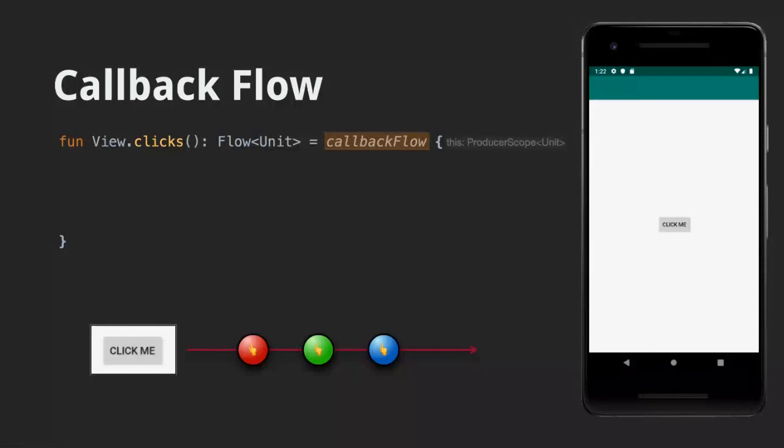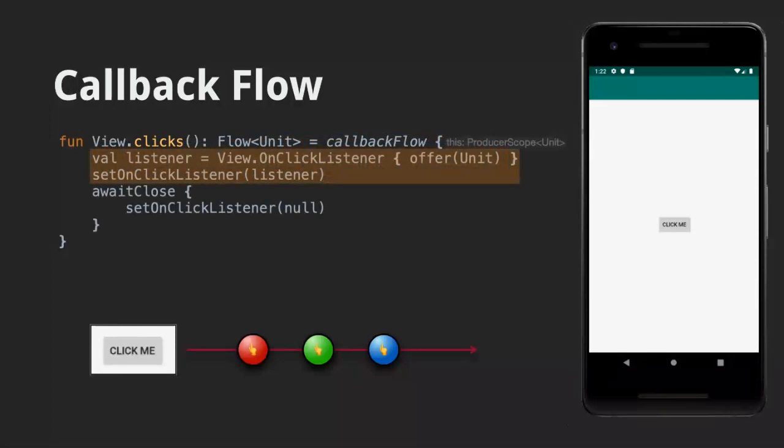The idea is that when you are within the coroutine scope, you can call suspend functions, and you're in an environment where these things will work pretty much automatically. So once we have this producer scope, what are we going to do with it? From within this block, the first thing we're going to be doing is creating a traditional view on-click listener. And then we're going to be assigning it to our parent on the second line, setOnClickListener right there.